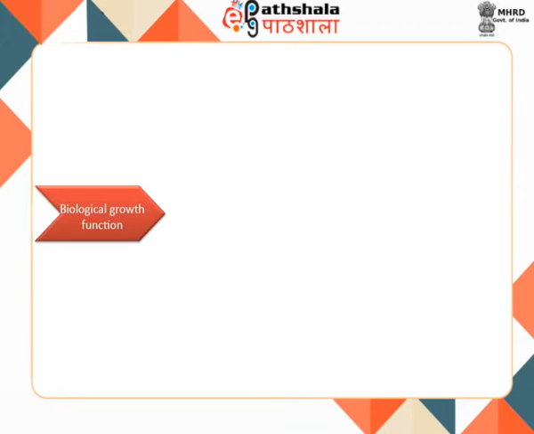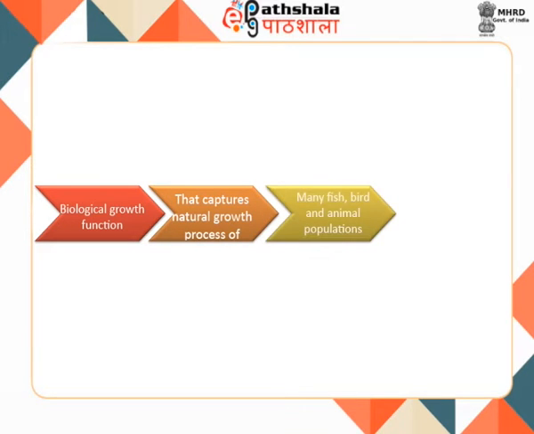The biological growth function that can capture the natural growth process of many fish, bird, and animal populations is the logistic growth function, and hence it has been extensively used in literature.